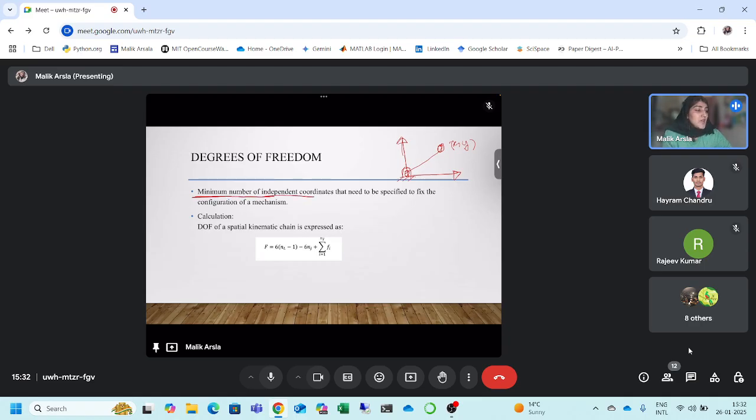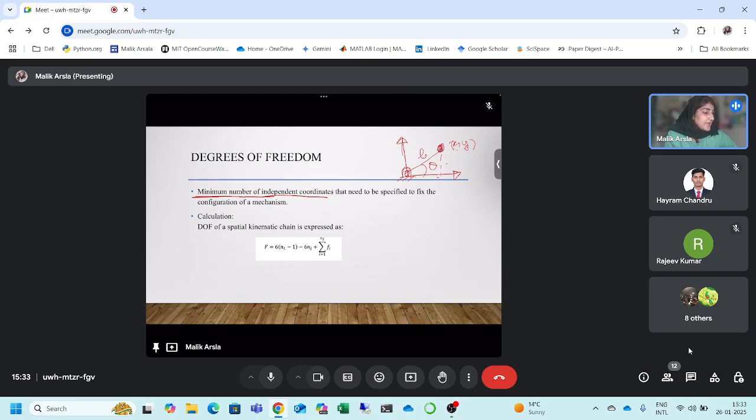Now, these are known as Cartesian coordinates or spatial coordinates. But we can also describe a theta here, and then we can relate x and y to this theta. Suppose the link length is L, so x at any time will be L cos theta and y at any time will be L sine theta. So ultimately it's only theta that is required to know the position of the end effector of this link.